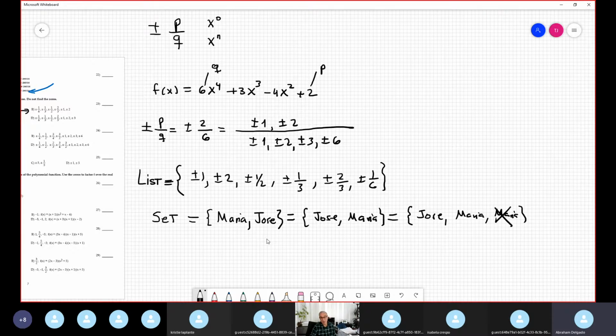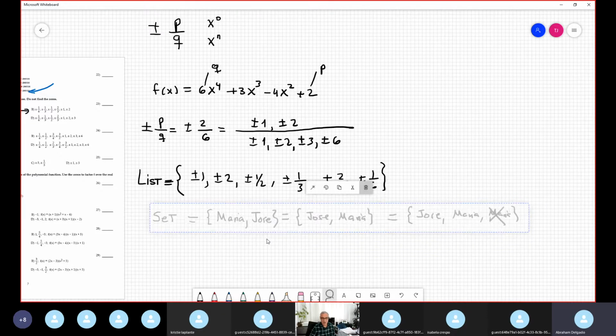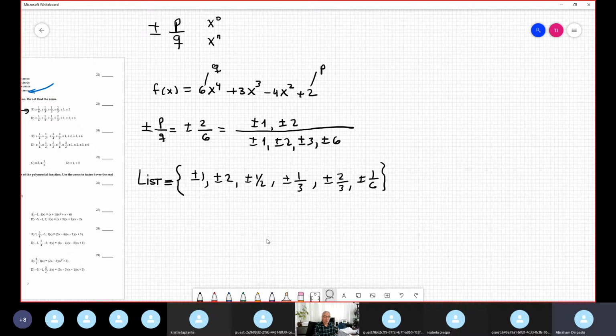If it's Maria 1 and Maria 2, those are different people. So, conclusion: when you're talking about a set, no repetition is necessary. If you do repeat, no big deal. But repetition is not necessary, and the order is not important.